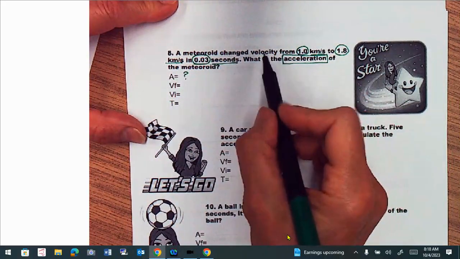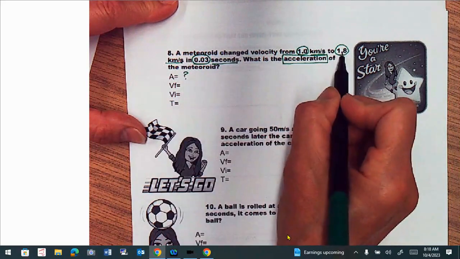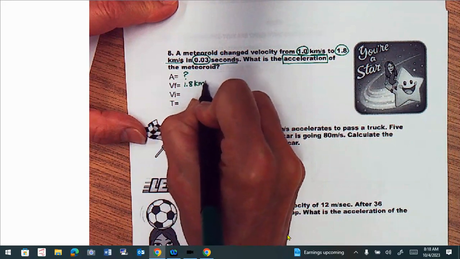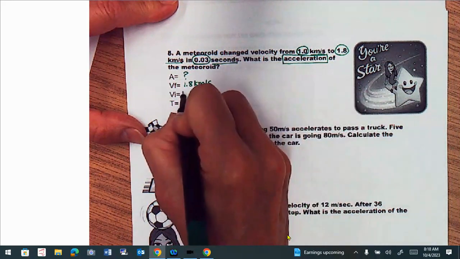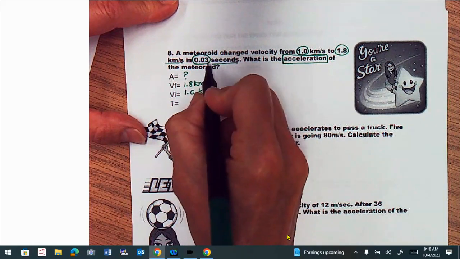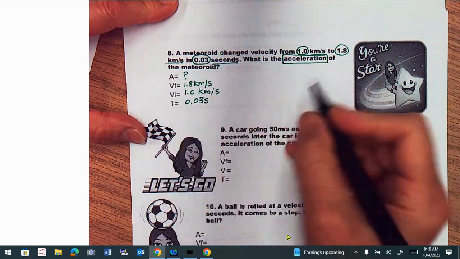All right, so it's sped up because it went from 1 to 1.8 kilometers per second. So this is your final velocity, 1.8 kilometers per second. Initial velocity is 1 kilometer per second, and it took 0.03 seconds to speed up.